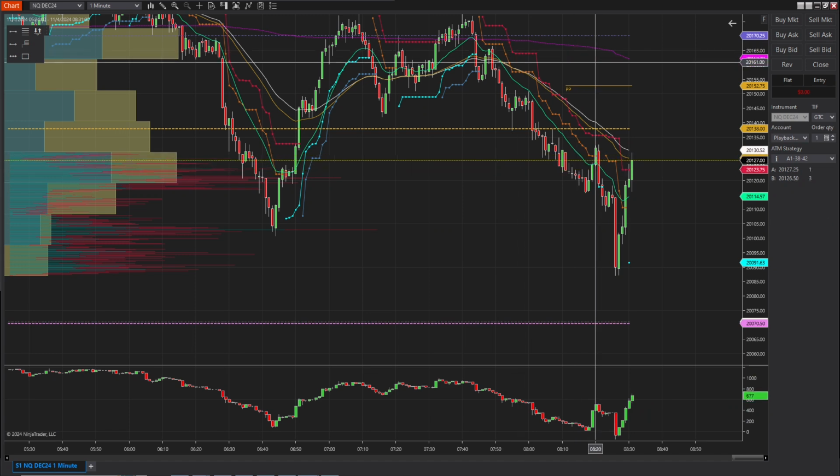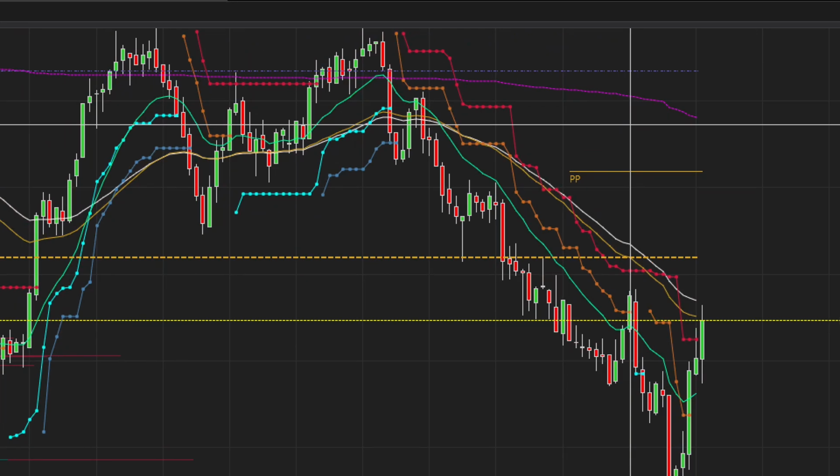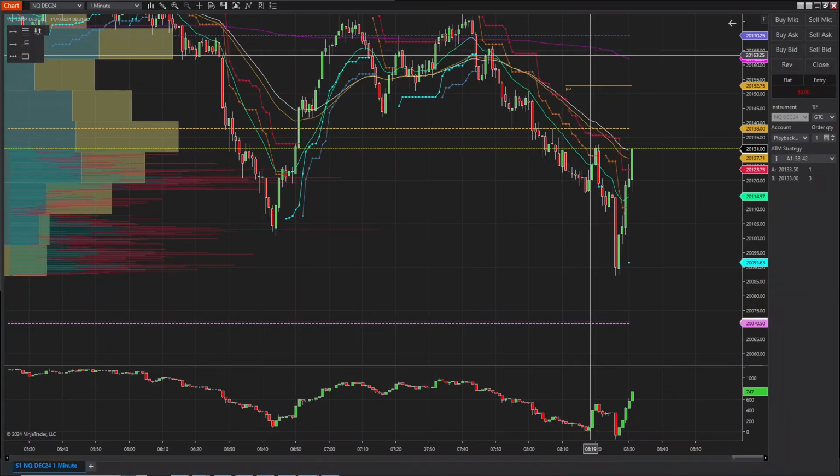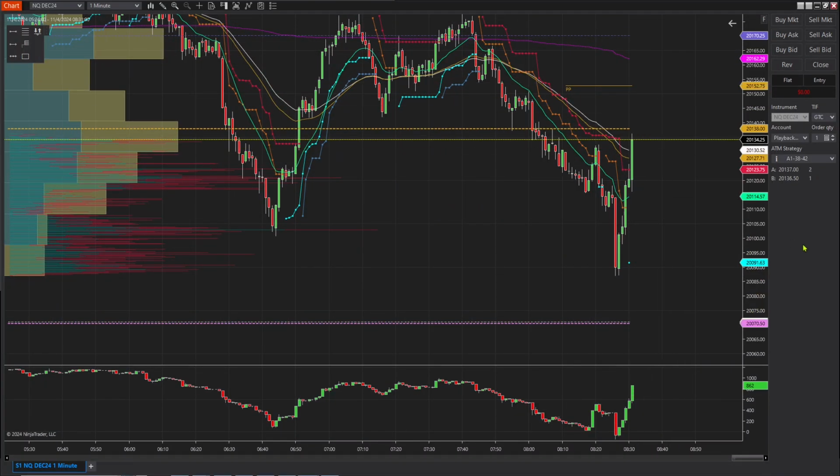This purple line here is the VWAP. So market opened.